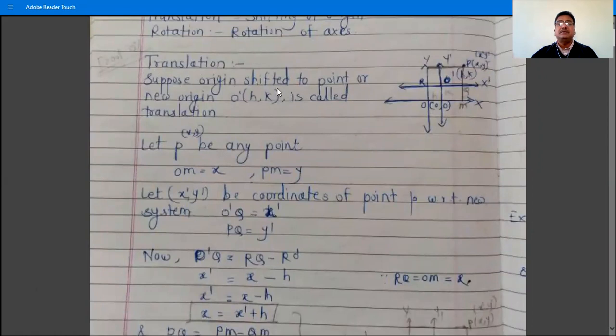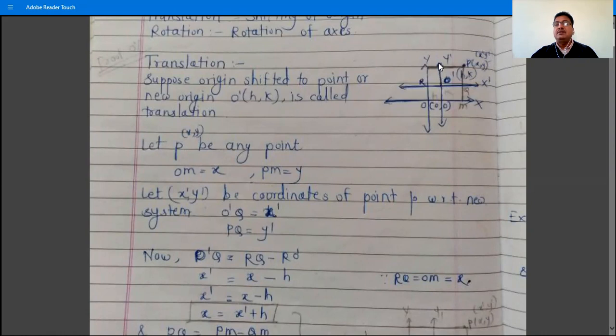Translation. Suppose the origin is shifted to the new point H, K. O dash is the new origin. This is called translation, the shifting of the origin to a new point without rotating the axis. Suppose the original origin is O (0, 0), and the new origin is O dash, and its coordinates are (H, K).